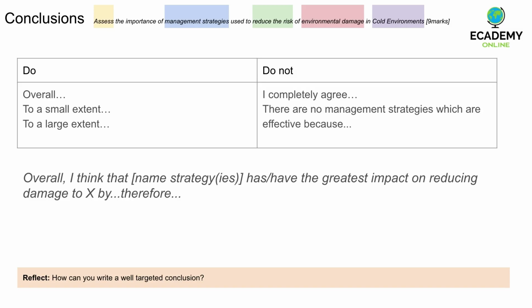You've got to keep it balanced in your answer throughout. A good way to start your conclusion may be, overall, I think that X strategy has had the greatest impact on reducing damage to whatever place you were talking about by doing X, and therefore this has resulted in Y.